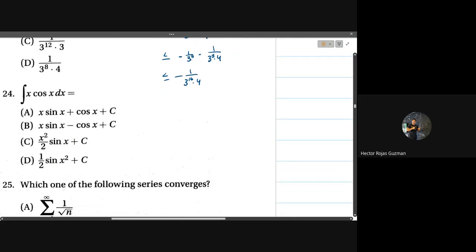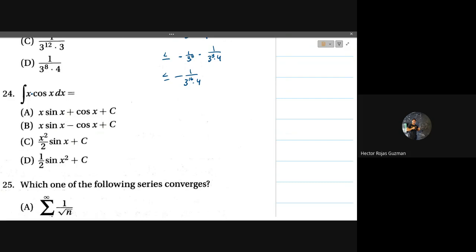Find this antiderivative. Because we have a product, the first thing that I think about is integration by parts. So let's say u is x, du is dx, dv is cosine, v is negative sine. Wait, no, positive sine.